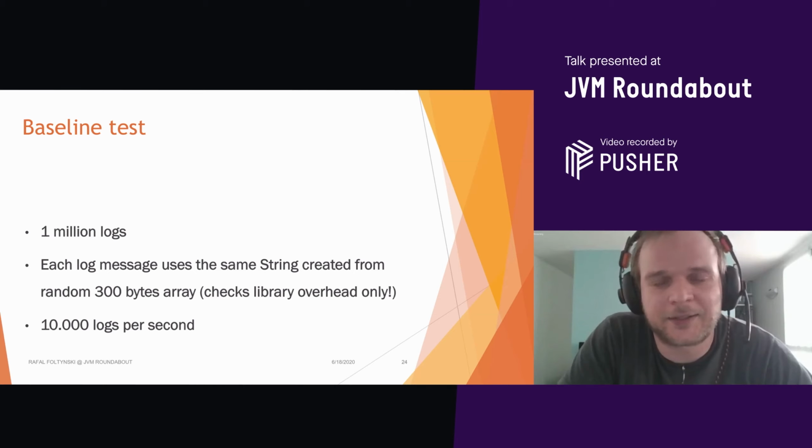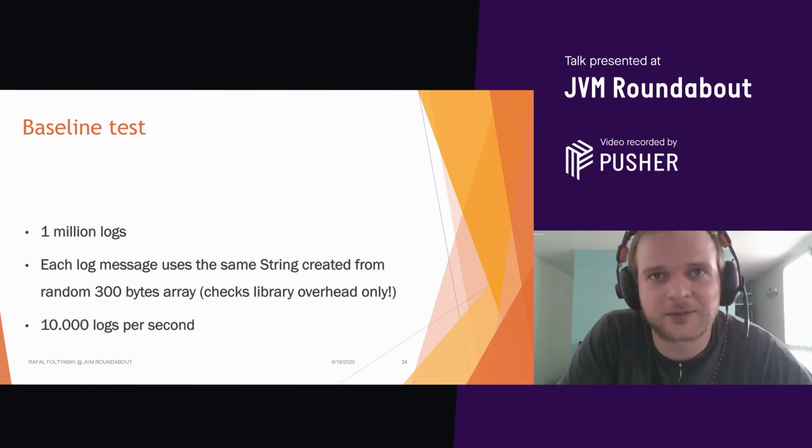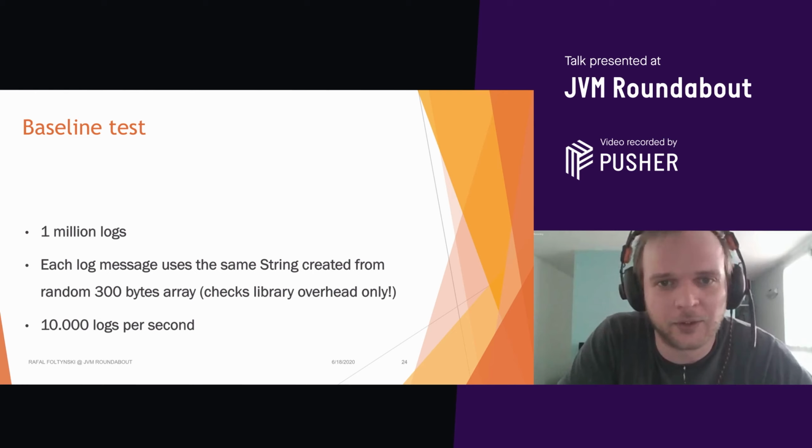So I've created a series of tests. The baseline test that I've used to present this case is a test where I'm going to send 1 million logs at the rate of 10,000 logs per second. For the log message, we're going to use exactly the same string, allocated just once.